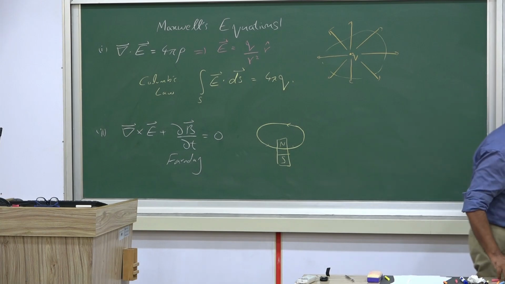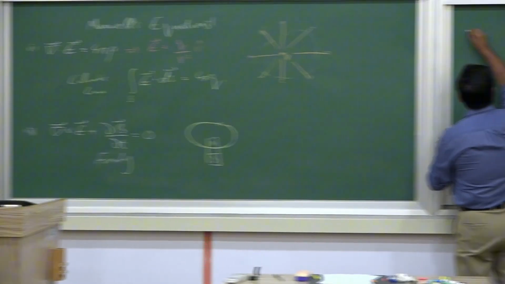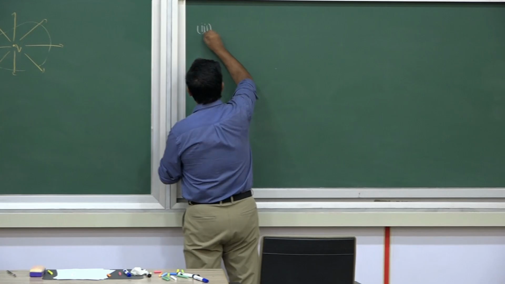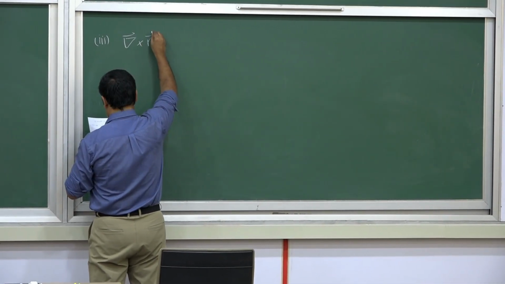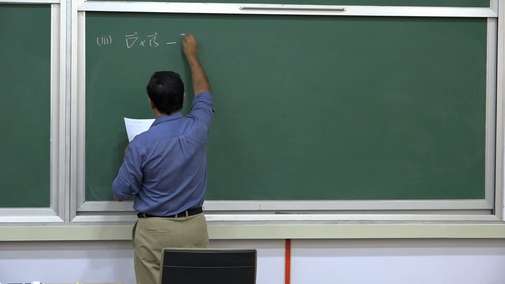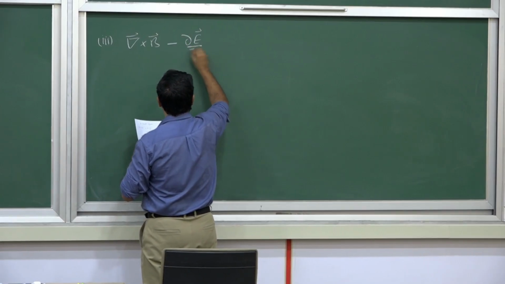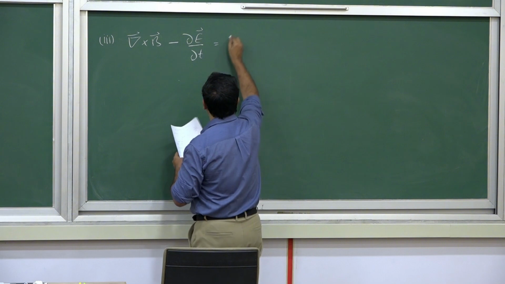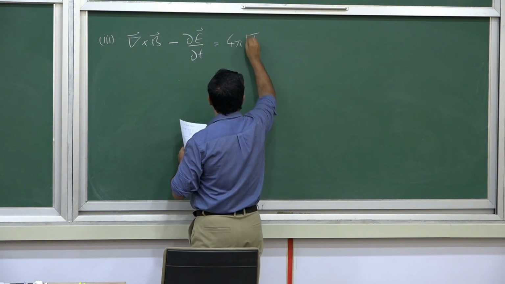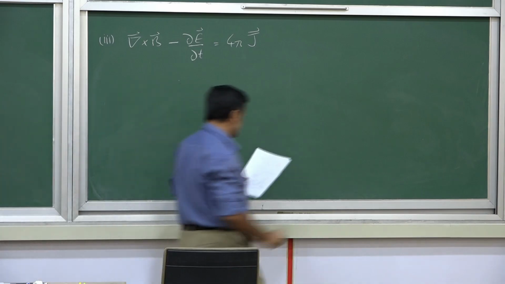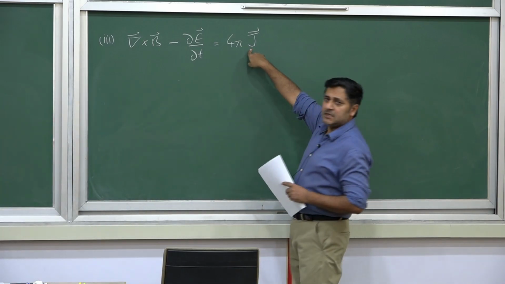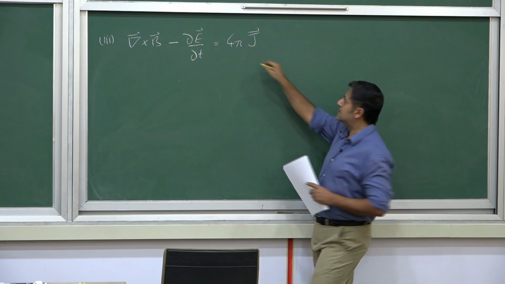Then we have Ampere's law. This one also you have seen in school. This is the electric current density.